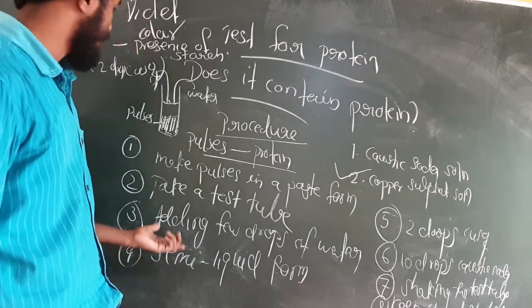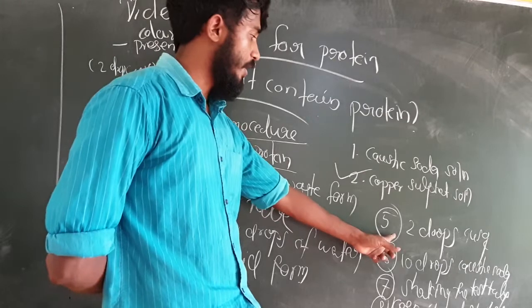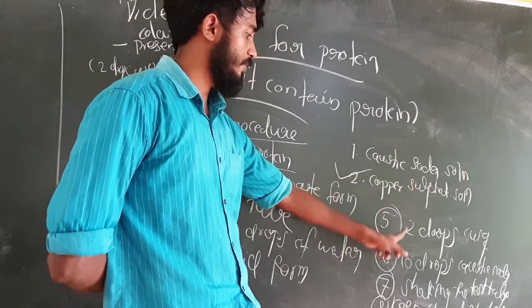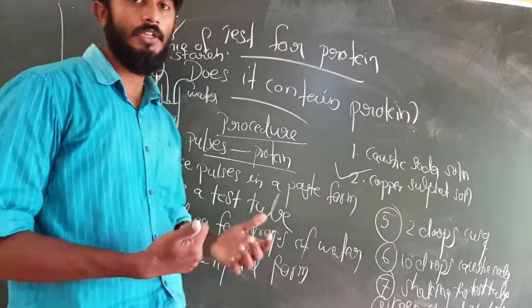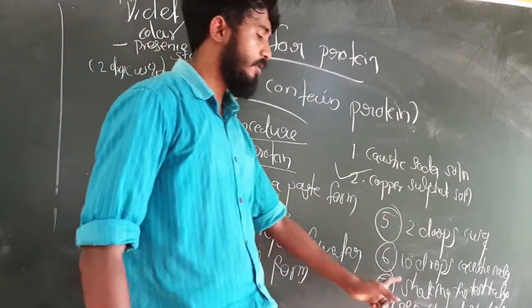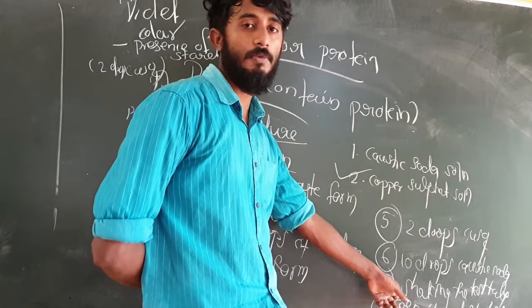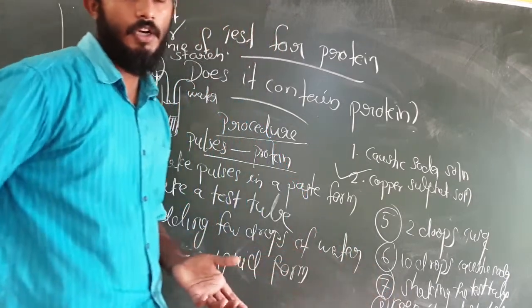And later we are adding 2 drops of copper sulfate solution and 10 drops of caustic soda solution, and we are shaking that very well, and keep it undisturbed for a while.